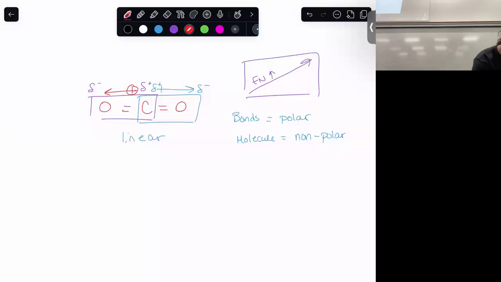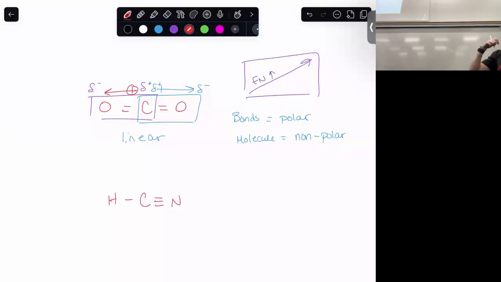So if we have HCN, let's break this apart into our bonds again. Let's look at the C and the N first.